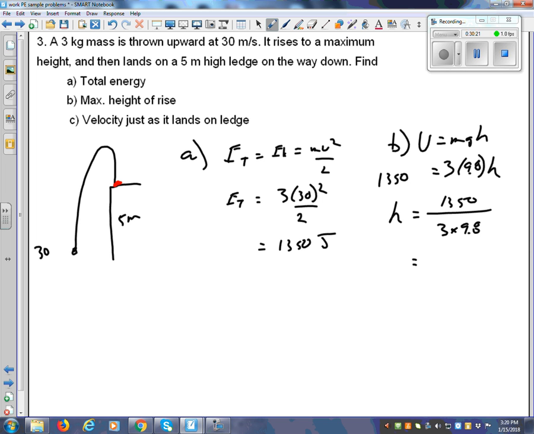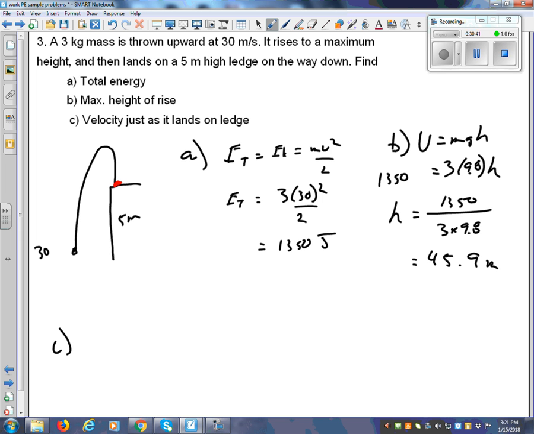Actually, that number sounds familiar. Like 45, 39. Just round it up. 45.9 meters? I rounded it up. That's so simple. I was overthinking it way too much.